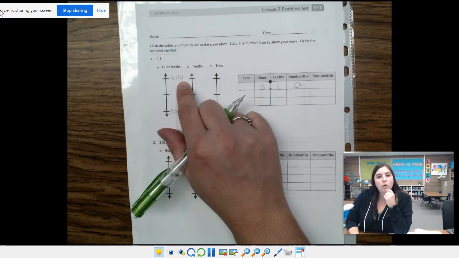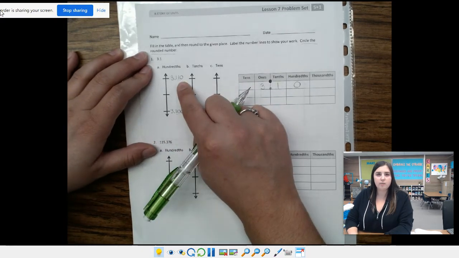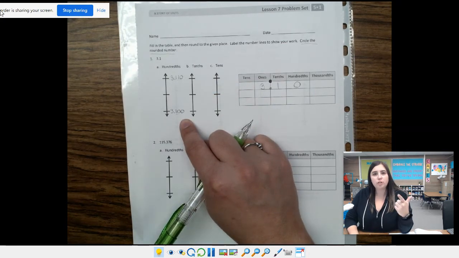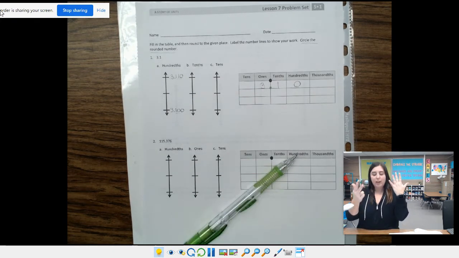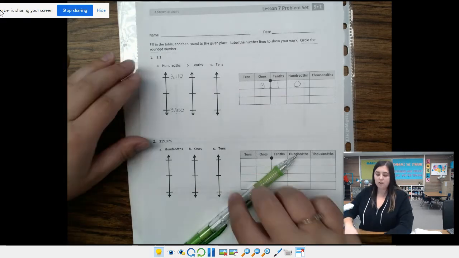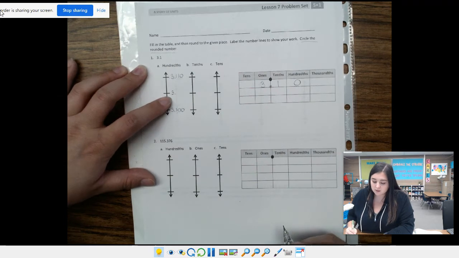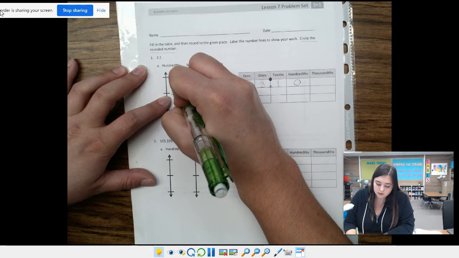So now I need to think, what goes in between 100 and 110? We would count it. You go 100, 101, 102, 103, 104, 105, 106, 107, 108, 109, 110. There's 10 numbers between those. Halfway between 10 is 5. So our number is going to stay that 3, and in between 100 and 110 is 105.